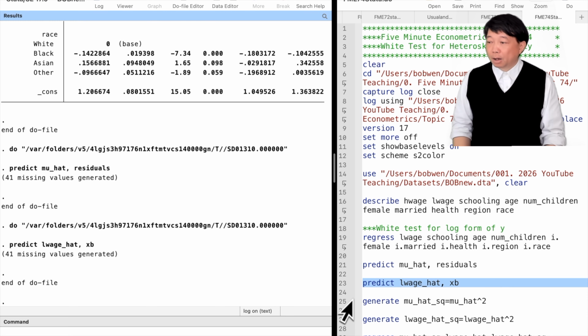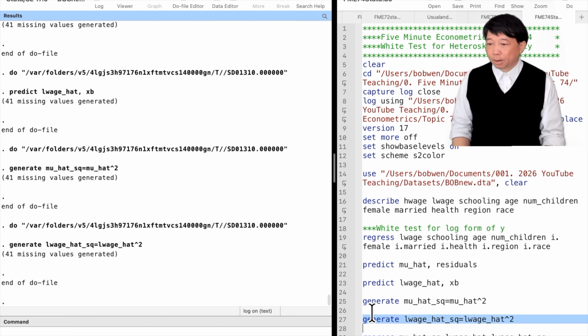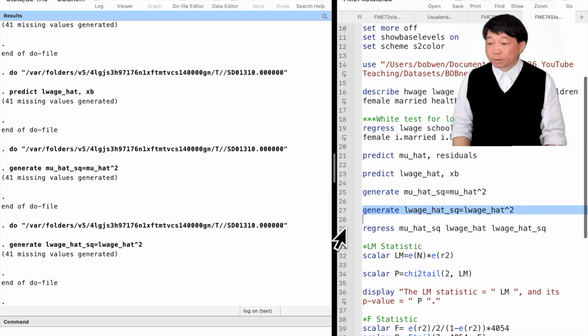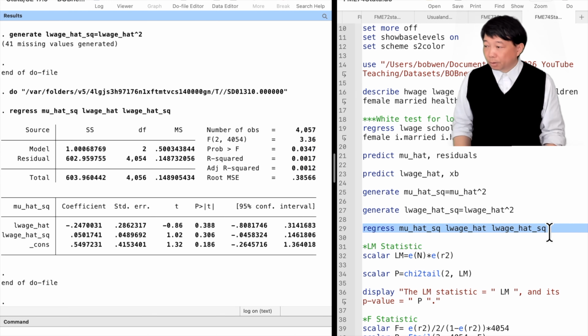I name it LWage_hat. We then square the residuals and the fitted values. Next, we run the auxiliary regression. We regress the squared residuals on the fitted values and the squared fitted values.